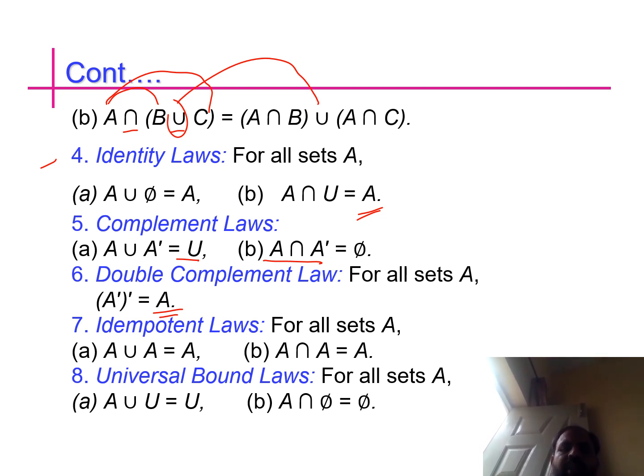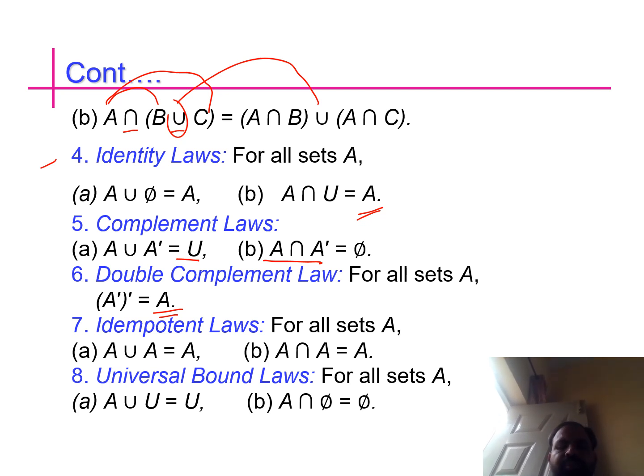Double complement law: for all sets A, if we take the complement of A complement, then it becomes the original set A.